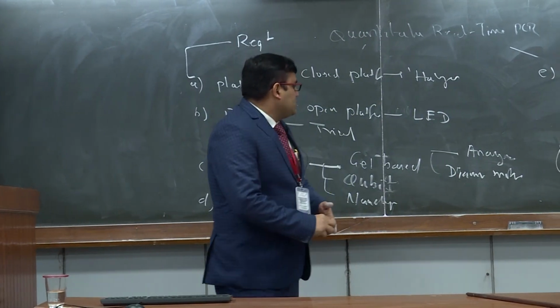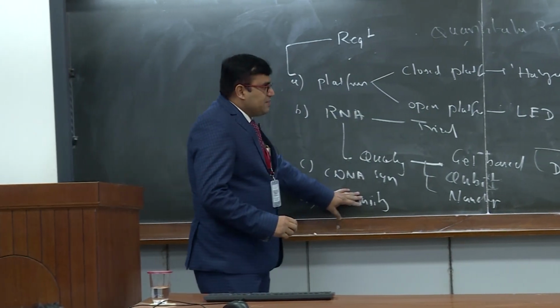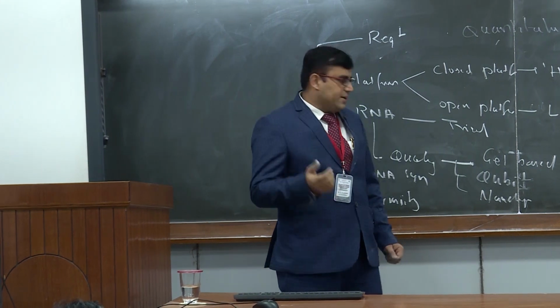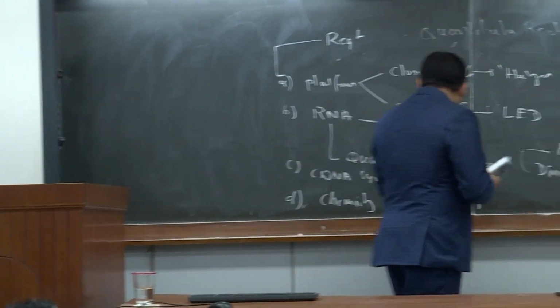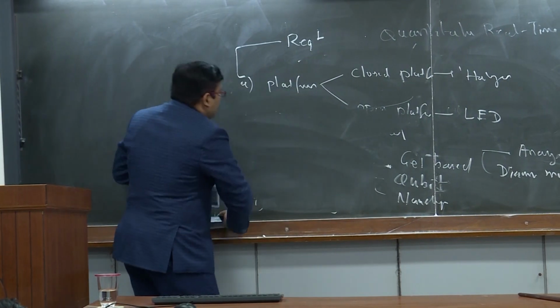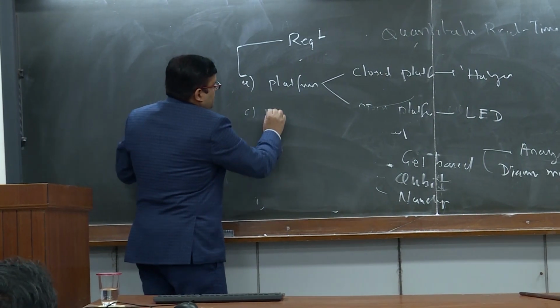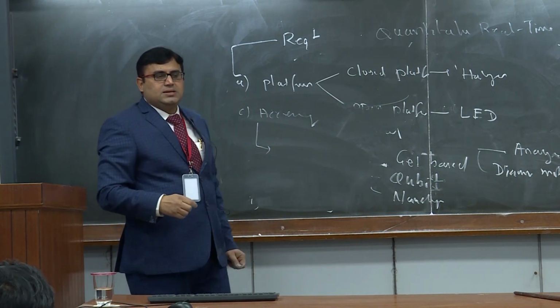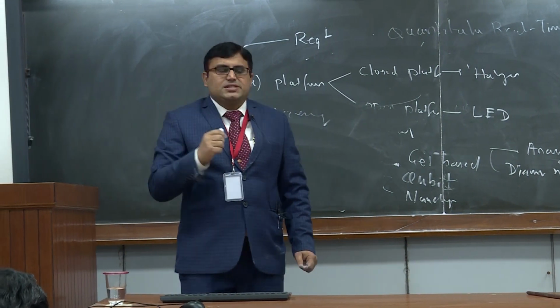Right? So other than the chemistry and oligos, next are some of the accessories which you require. You should know them because these accessories play a very important role when you plan for real-time PCR. First one is a semi-skirted 96 well plate.